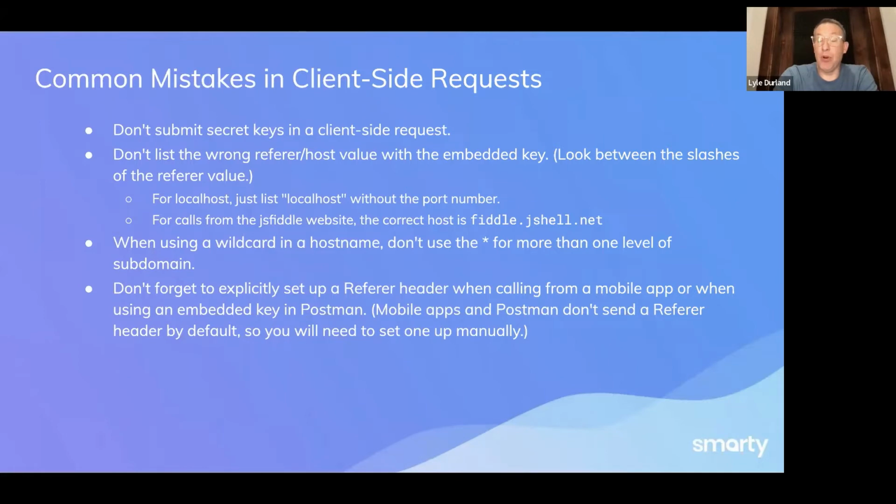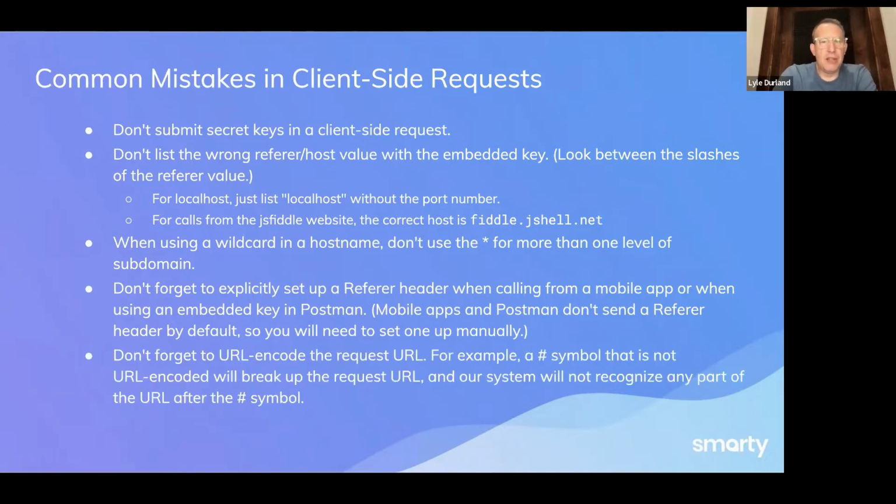So you would need to set up one manually in order for authentication to work. With a mobile app, you do want to use an embedded key, but you're going to manually set up a referrer header. Now understand the referrer value can be almost anything, just as long as it's listed as a host paired with the key you're using. Same with Postman, the referrer value you set up there can be almost anything as long as that value is listed as a host for the key you're using.